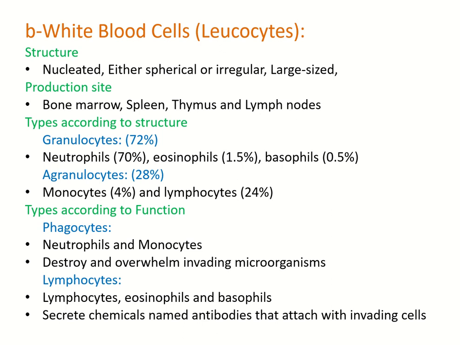Lymphocytic function means they are going to secrete certain chemicals or antibodies that are going to attach with the outer cells, outer microorganisms, and neutralize them, kill them. These are lymphocytes, eosinophils, and basophils.